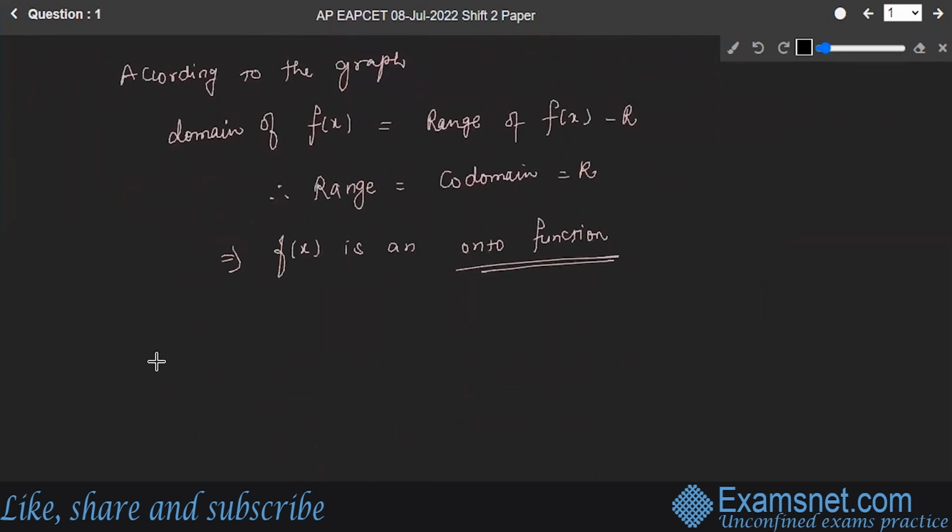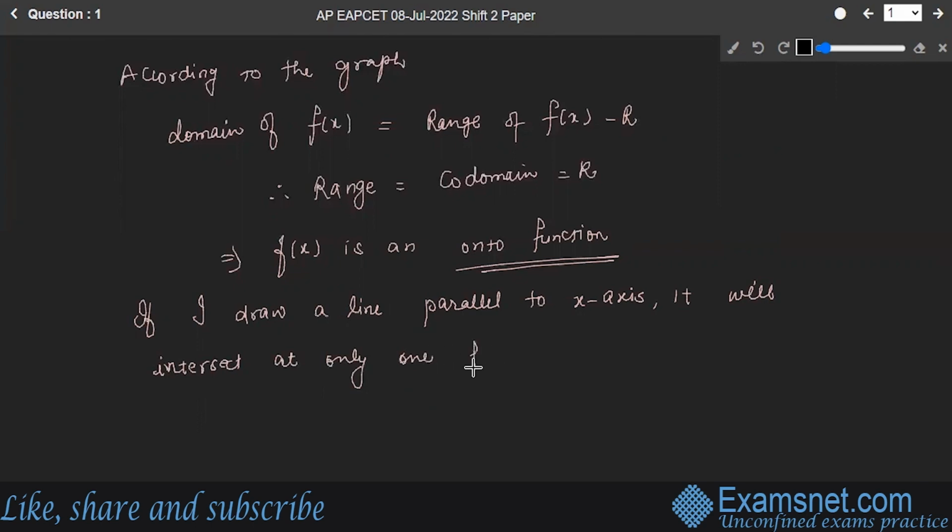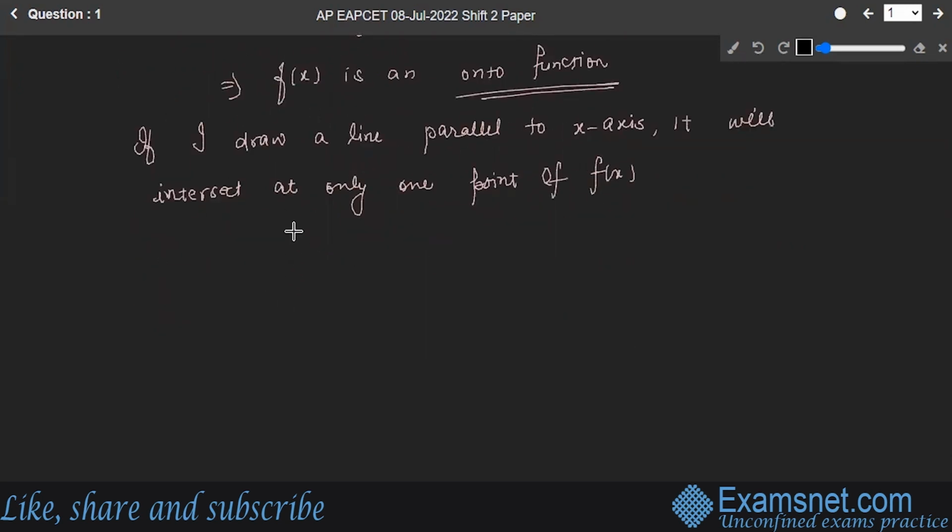That means if I draw a line parallel to the x-axis, it will intersect at only one point of f(x). This implies that this is a one-to-one function, one-one function. Also, so we have both onto as well as one-one function.